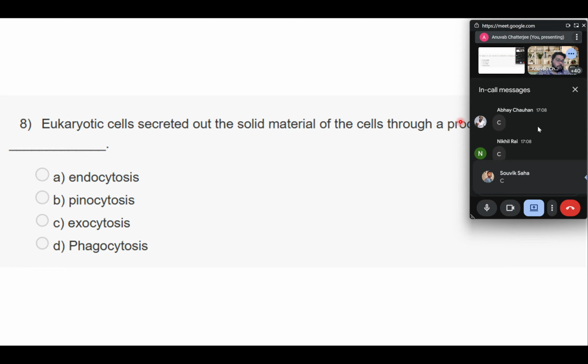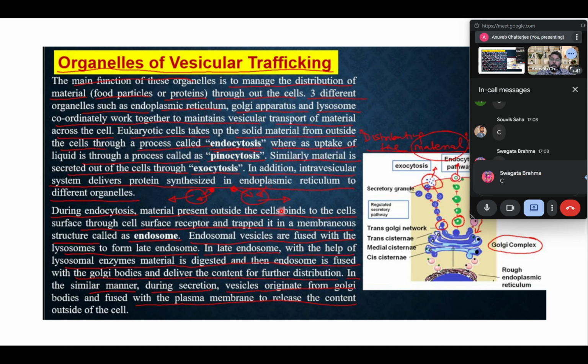Okay, it seems everyone has answer C, which is exocytosis. So let us look at it.